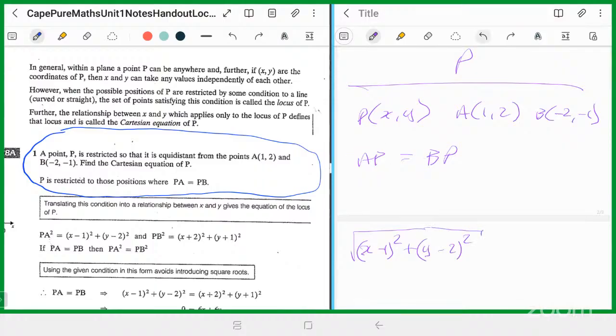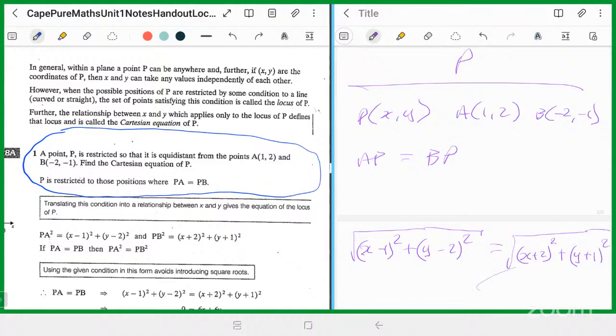It is equal to the distance BP, which again becomes the square root of (x minus a negative 2, which becomes x plus 2) squared plus (y minus a negative 1, which becomes y plus 1) squared.